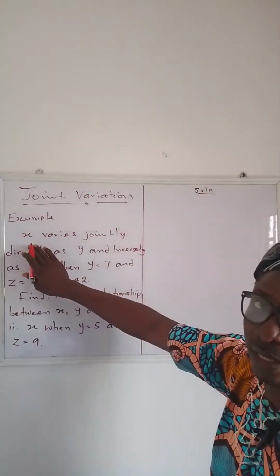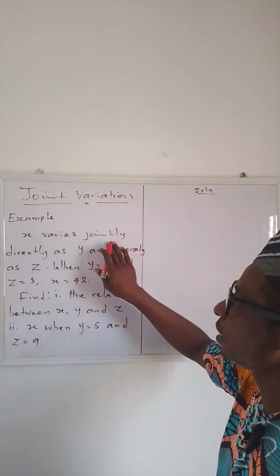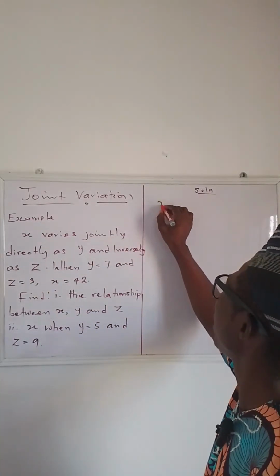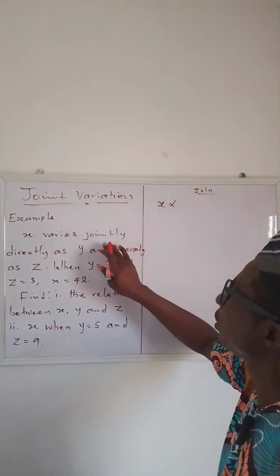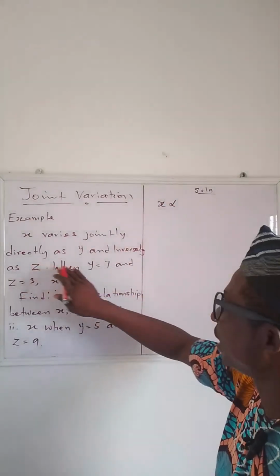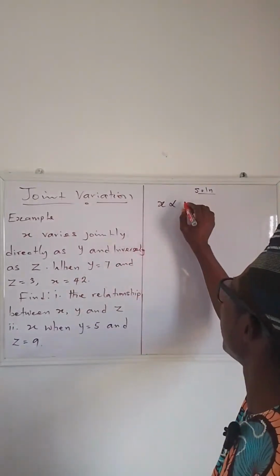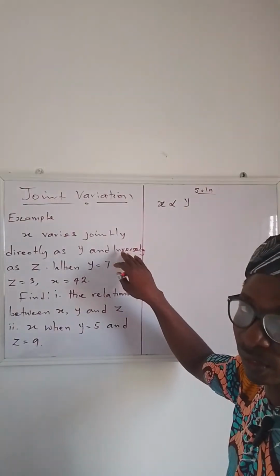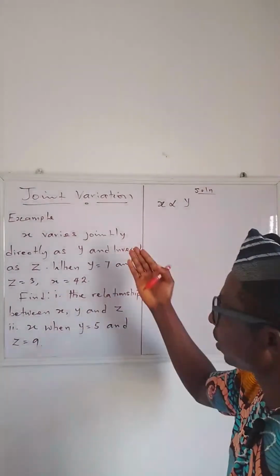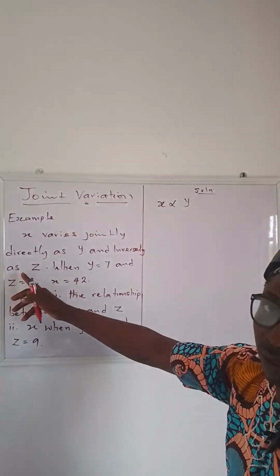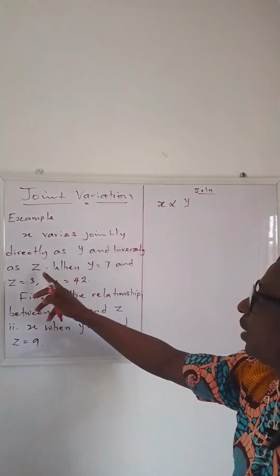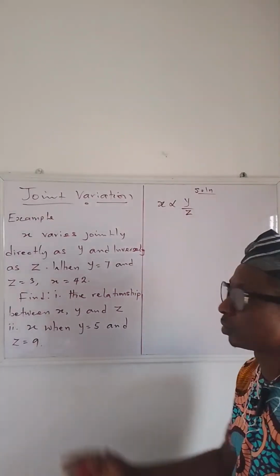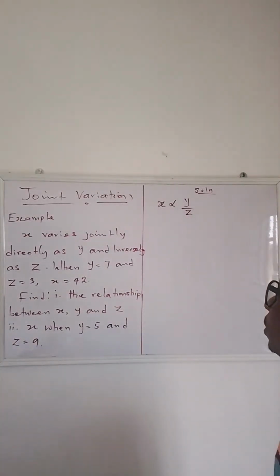The question says that X varies jointly directly as Y. Directly as what? As Y, so you write Y. And inversely, when we say inverse, it means reciprocal, the reciprocal of Z. So inversely as Z, you have over Z. So that is the variation.